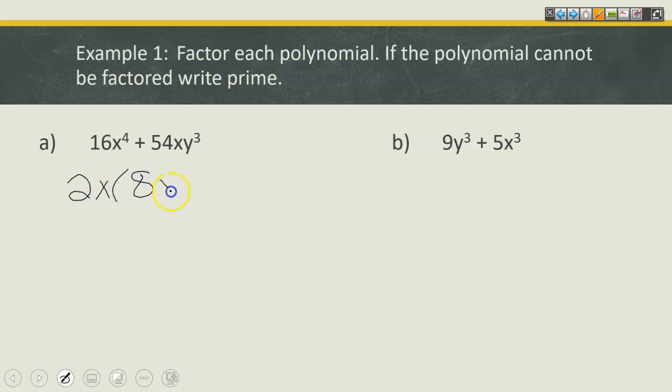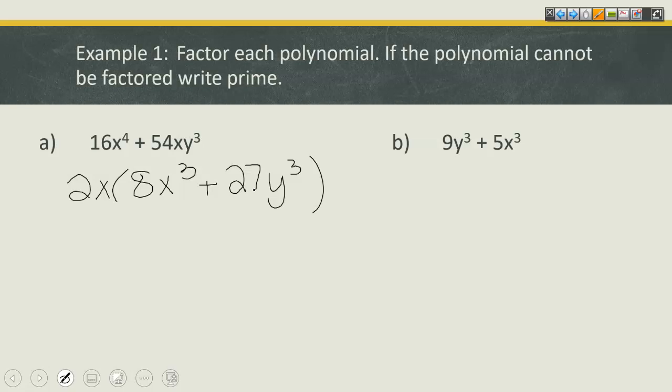That leaves 8x cubed plus y cubed, and then 54 divided by 2 is 27. 27 and 8 are both perfect cubes because 8 is 2 cubed, 27 is 3 cubed.